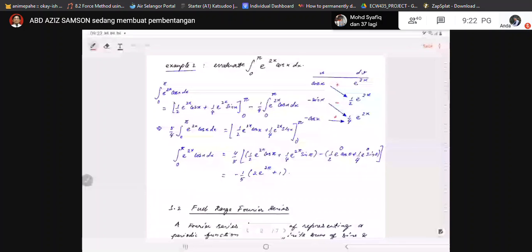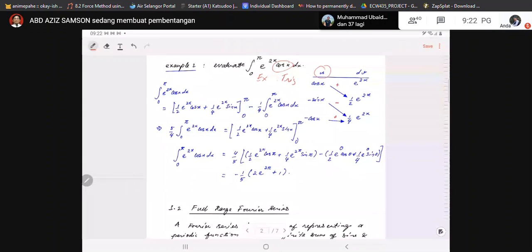Because you have exponent and trigonometric functions, you choose u as the trigonometric function first. There's no way that when you differentiate, you will get 0. Right? There's no way when you differentiate, you get 0.